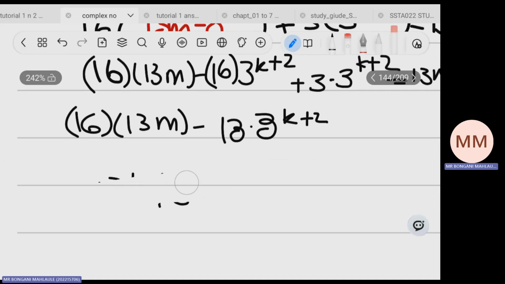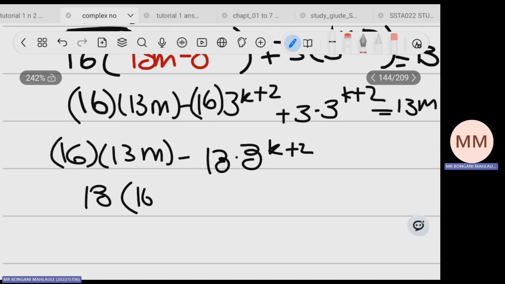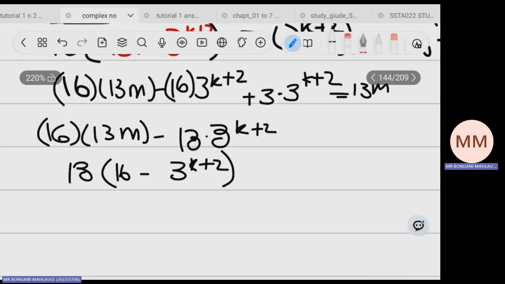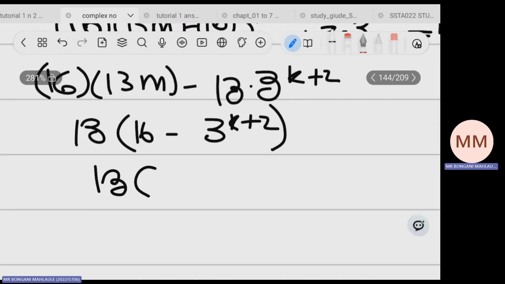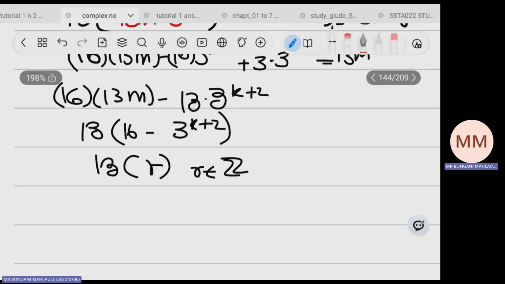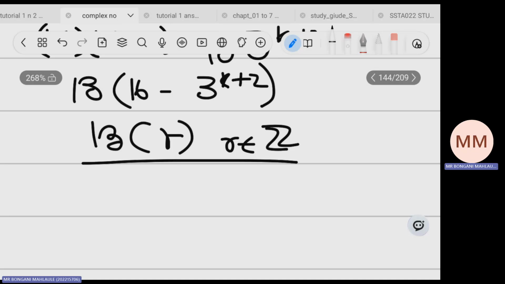Then from here we can factorize 13. Then therefore this is 13. We can let this be r, where r is an element of integers. And this shows that it's a multiple. We are having a multiple of 13.